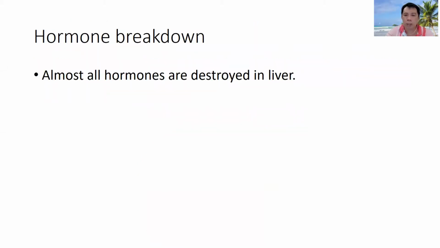The hormones produced and released by endocrine glands circulate in the bloodstream to the target tissues or target cells. Once the effect of the hormones is finished, the excess hormones are circulated by the bloodstream to the liver, and these hormones are destroyed in the liver.